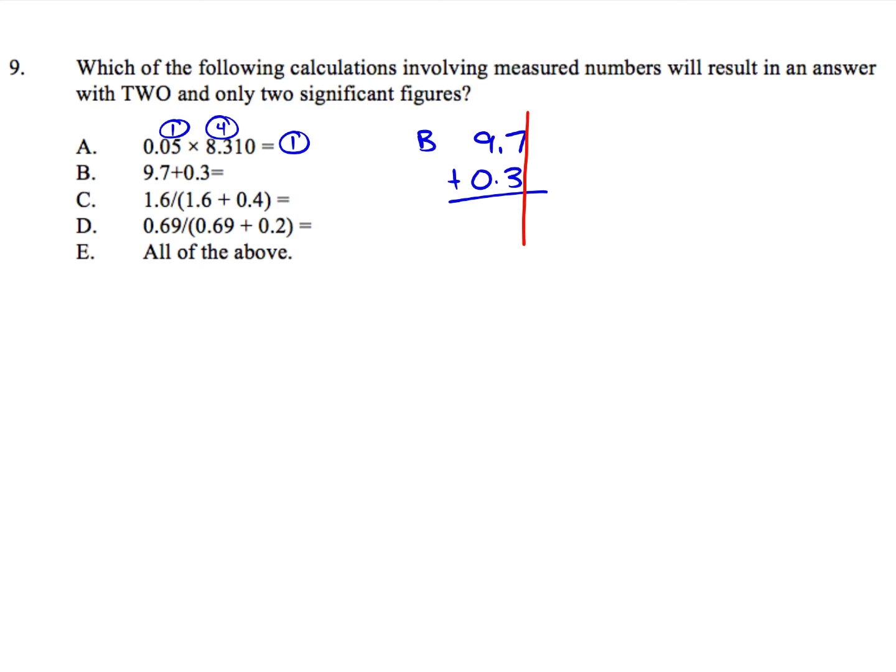Basically, it's your unit that contains the least number of digits past the decimal. So now if we add these up, you get 10.0. So your answer to this addition problem actually has 3 sig figs. That's the number of digits to the left of the red line. So B has 3 sig figs.